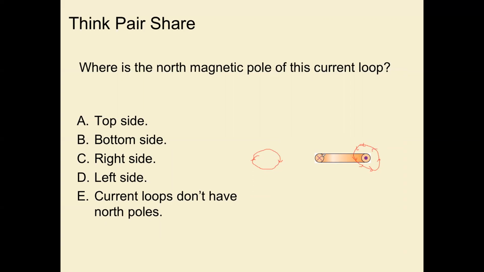So right here, it is into the page. Make a circle around it, and it is the direction of the magnetic field. So that's why we see that from the upper side of the loop, the magnetic field lines enter, and from the lower side of the loop, the magnetic field lines leave.